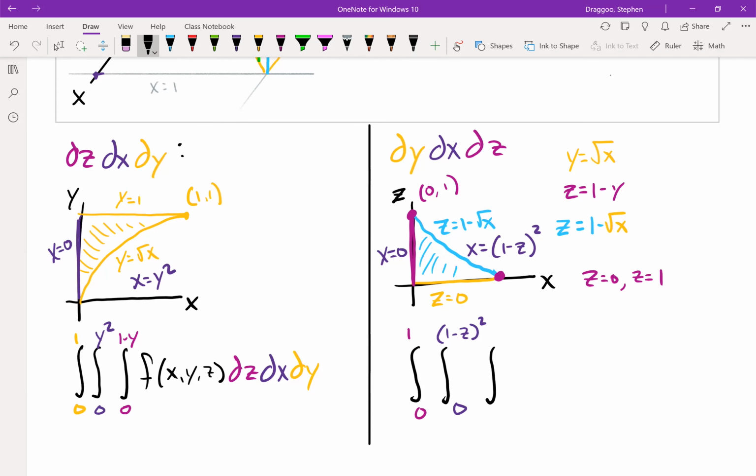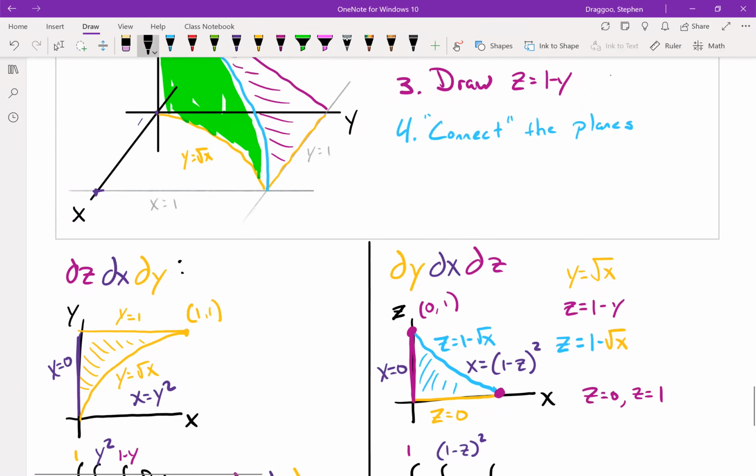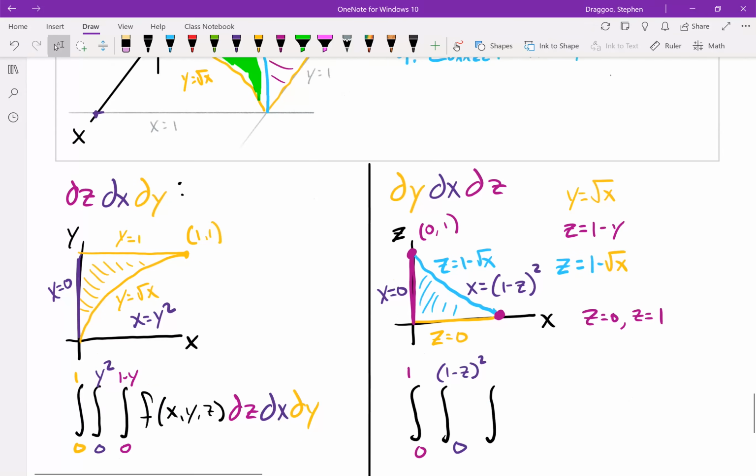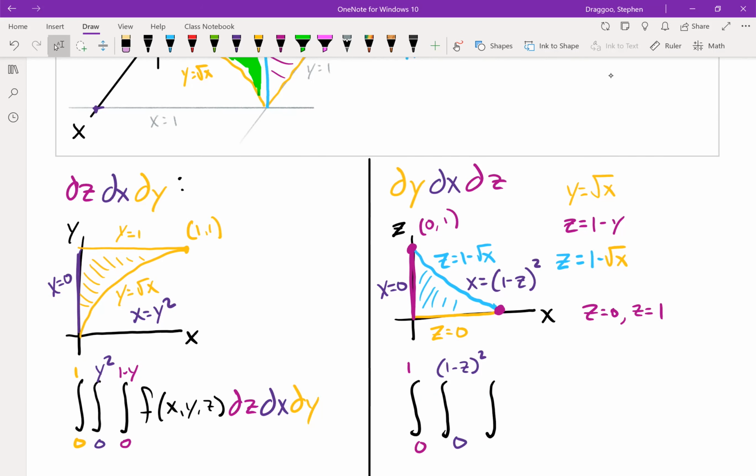If we come back up and just look at where that y was coming from, it looks like it's going to be bounded below by the square root of x, and it'll be bounded on top by the plane y equals 1 minus z. Where we have our function f of x and y and z in terms of dy and then dx and then dz.